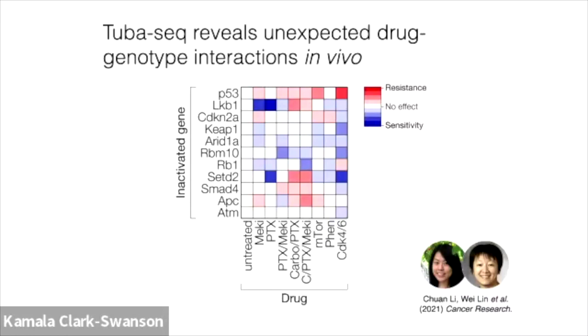If you were to look through the literature for known genetic interactions with the CDK4/6 inhibitor, palbociclib, you would have only identified two genes, CDKN2A, which is upstream of the inhibited driver gene, and then RB, which is downstream. And they have exactly the effect you would expect. The upstream gene is sensitive, and the downstream gene, RB, is resistant to the targeted molecular agent. But really, it's just the tip of the iceberg in terms of the pharmacogenomic interactions that we're seeing. And this has really gotten a lot of clinical interest from a number of collaborators of ours.